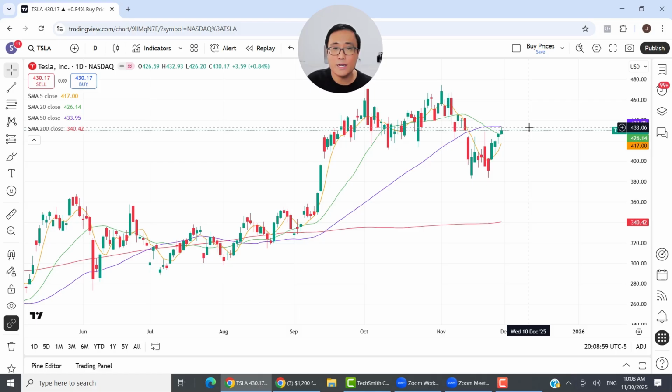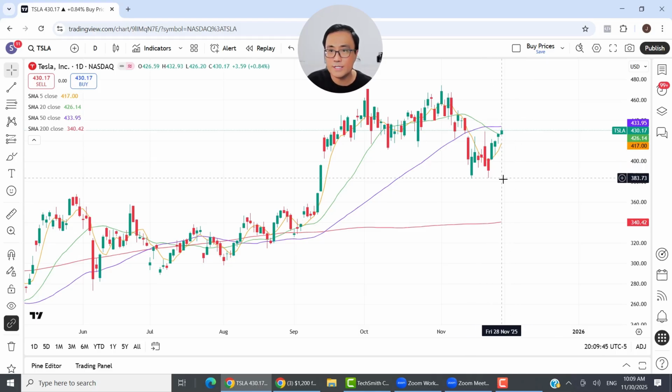For mid-term trades, you're a swing trader and you're more focused on several weeks to a month or two, then you're going to look at the 50 and the 200. And for long-term, buy and hold traders, you can just focus on the 200 simple moving average.